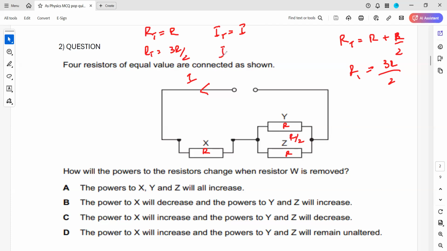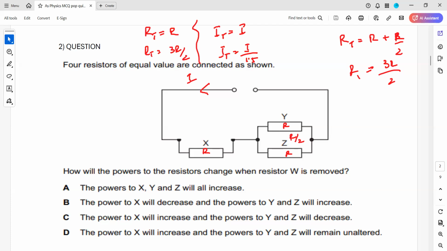So what will happen to the total current in the circuit? It will decrease by 1.5, so this will be I divided by 1.5. Is it clear? This is the new circuit when W is removed. If the resistance is increasing, the current will decrease by the same factor.